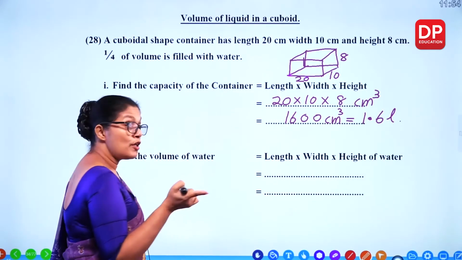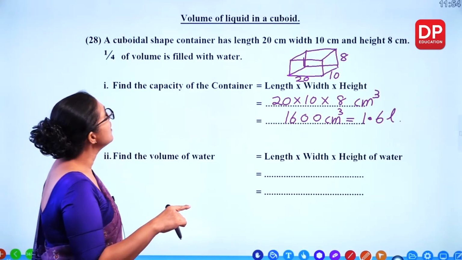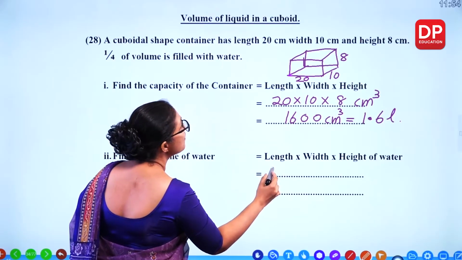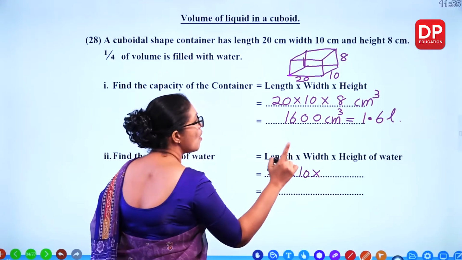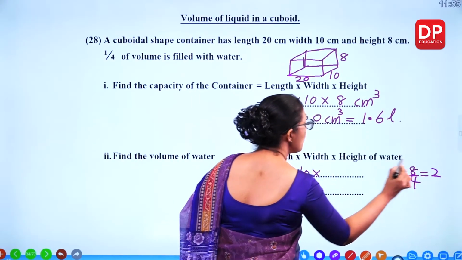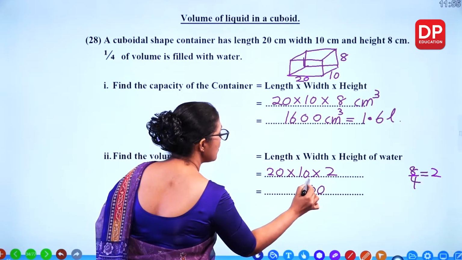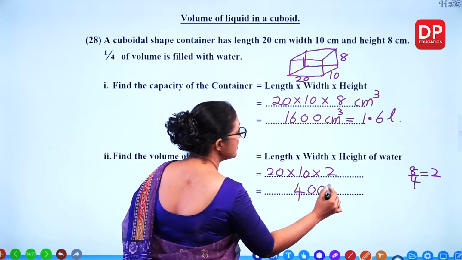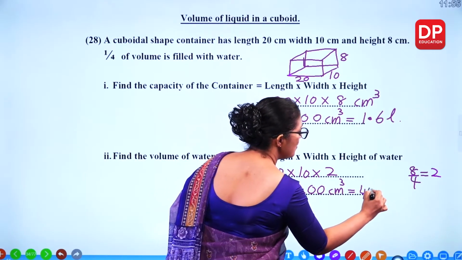If you want the volume of water, what you do? This is 1/4 of the height filled with water. So length is the same, width is the same, but the height is 1/4 of 8. 8 divided by 4. The new height is 2 now. So multiply, put 2 zeros and 2 times 2, 4. 400 cubic centimeters or 400 milliliters.